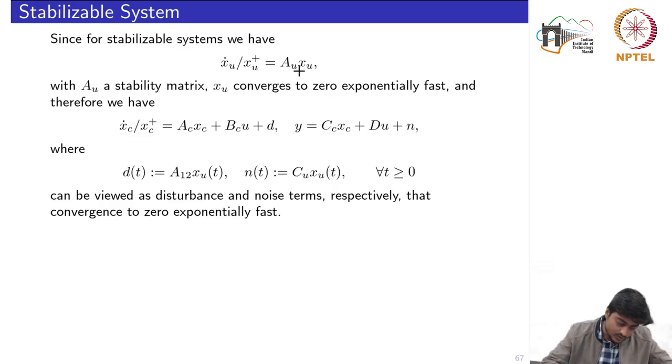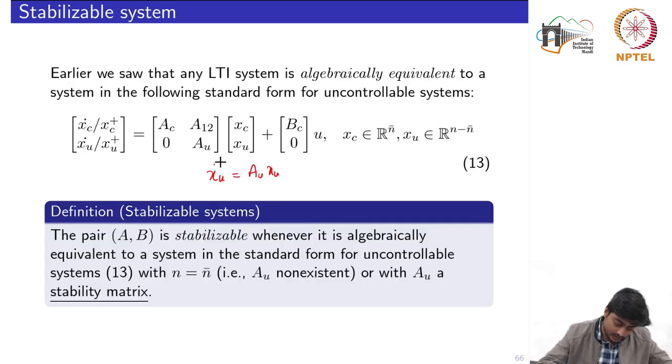So this is the homogeneous system in terms of the uncontrollable states, where AU is a stability matrix. So we know that XU converges to 0 exponentially fast, and we can write the equation only for the controllable states, where this D is nothing but A12 XU. If you have any difficulty visualizing this, if I write only the first equation, that is for the controllable state, I would have XC dot is equal to AC XC plus A12 XU.